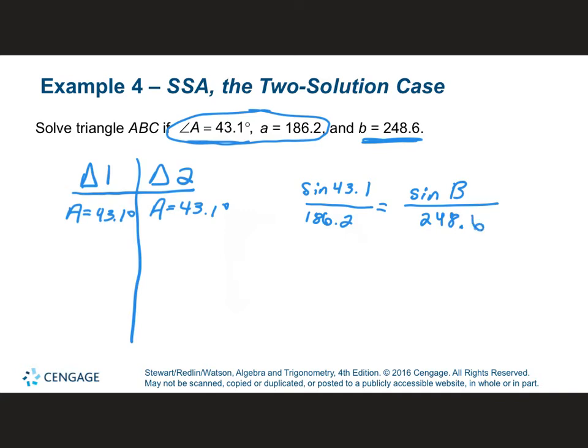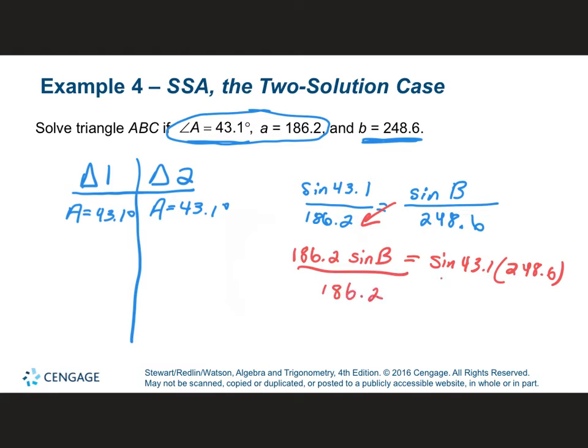As I go through this, if you have any questions, I need you to stop me, please. So the first thing we're going to do is cross multiply. So I have 186.2 times the sine of B equals the sine of 43.1 times 248.6. Divide both sides by 186.2.